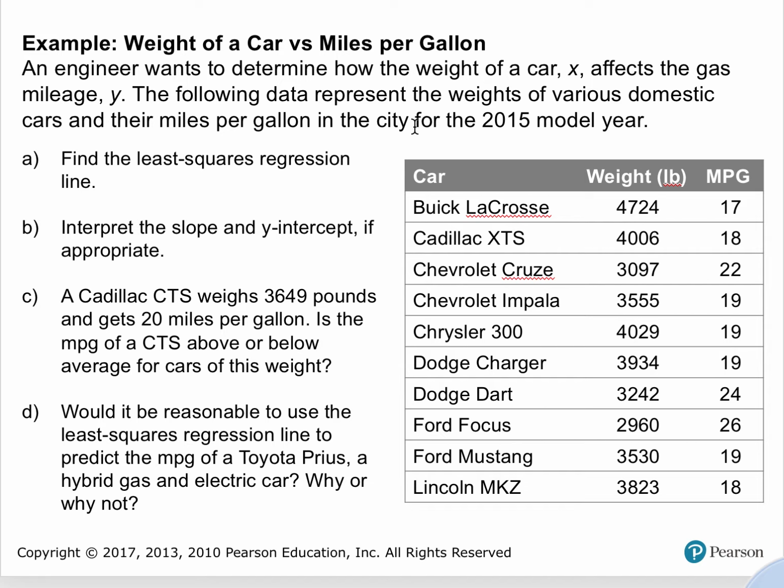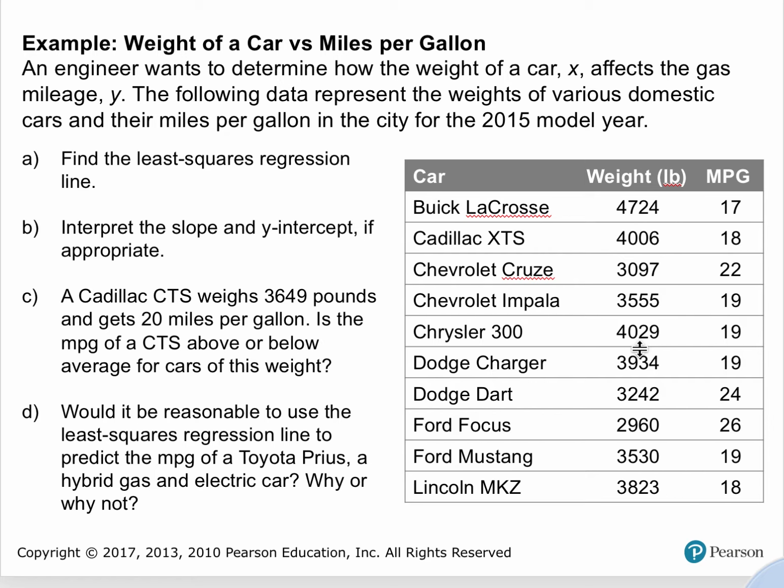The following data represent the weights of various domestic cars and their miles per gallon in the city for the 2015 model year. Okay, find the least squares regression line. Now, I've already entered this information just to save time, so if you need to pause the video and enter this in your L1 or L2, I've got it in L3 and L4 just because I had the other in L1 and L2, but pause and enter the information.